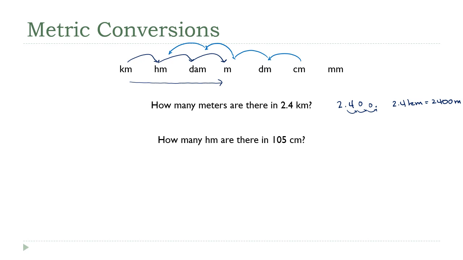I'm going to take 105 and move the decimal point 4 units in that direction: 1, 2, 3, 4, and I have to backfill. Fill in an extra 0 there, add my decimal point, and there's my answer. 105 centimeters is 0.0105 hectometers.